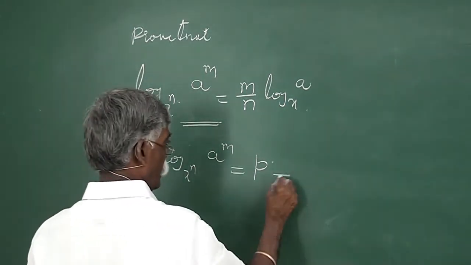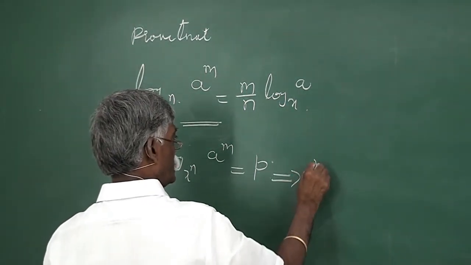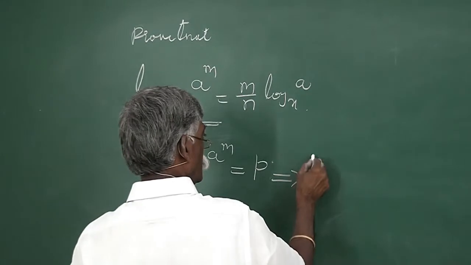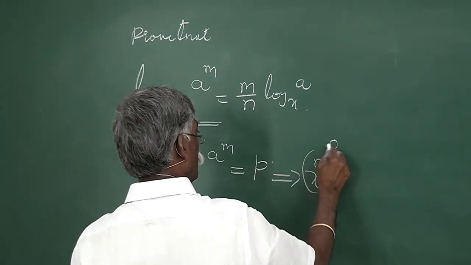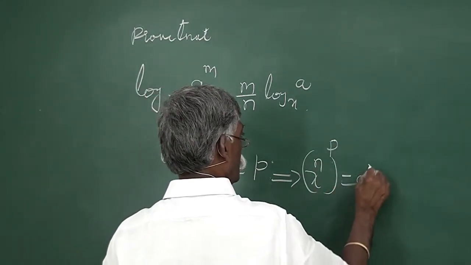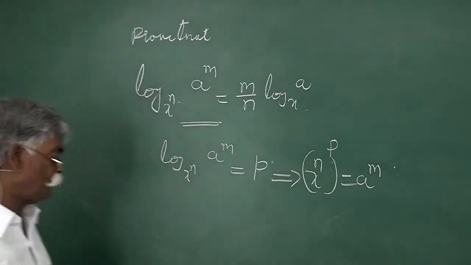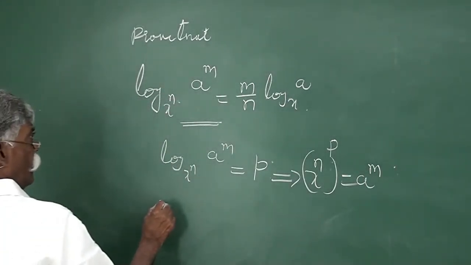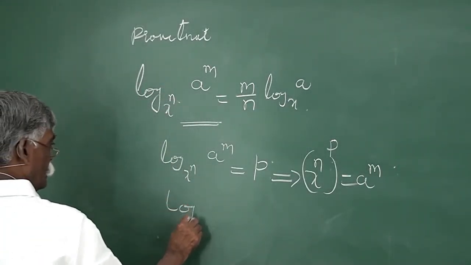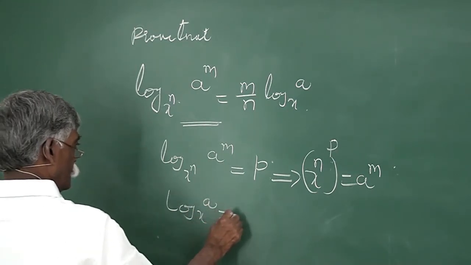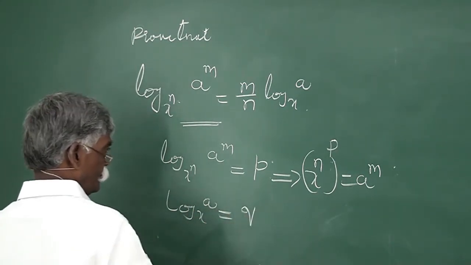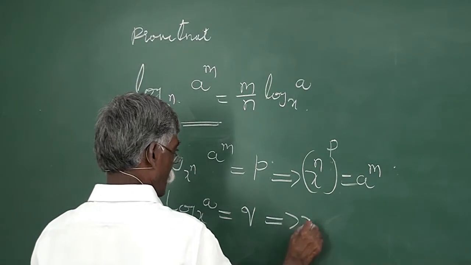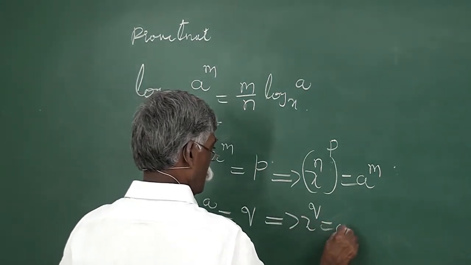So this implies x power n to the power p is equal to a power m. Now log a base x, we will take it as q. This implies x power q is equal to a.